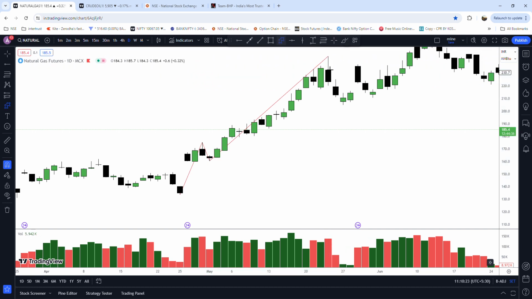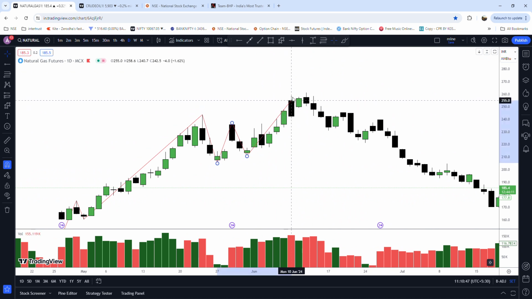From here price started making lower highs, lower lows, lower highs, lower lows till here. Again from here price has started moving up, higher highs, higher lows till here, then it started making lower highs, lower lows. Then see this particular candle has made the high as well as the low, so I will continue going upwards only. Higher highs, higher lows all the way till here.